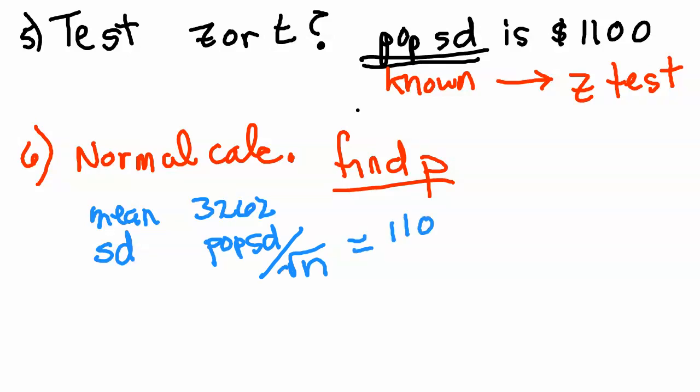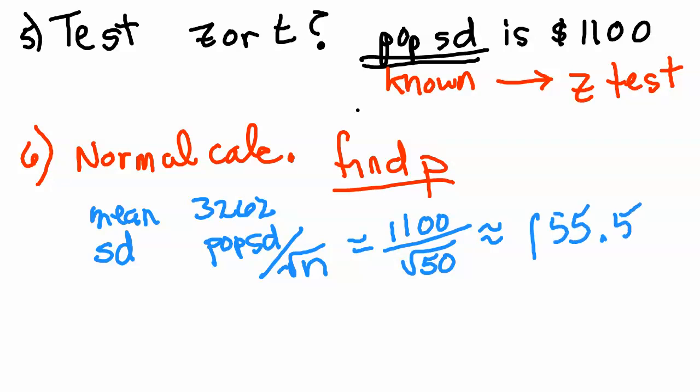So that's 1100 divided by the square root of 50, and there were 50 things in the example. When you use your calculator, I get 155.563. That's what you plug in.